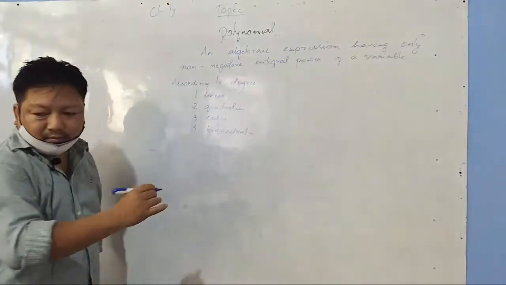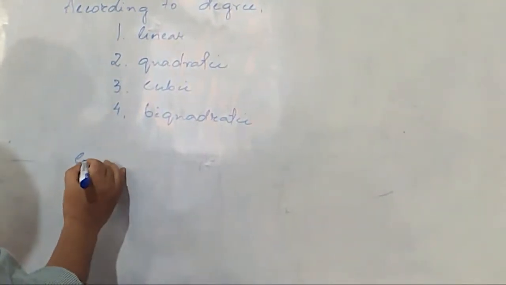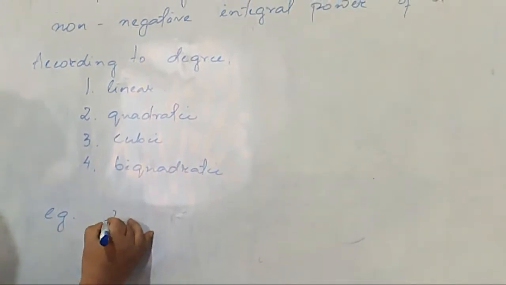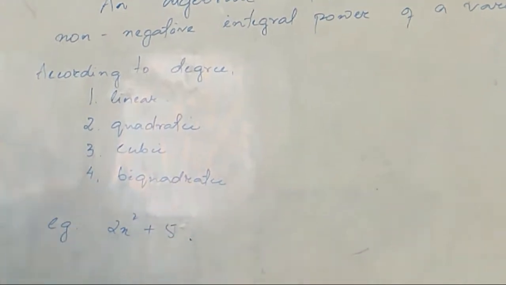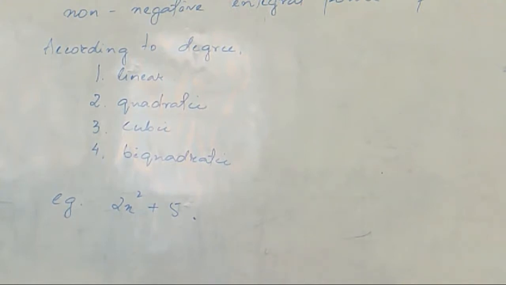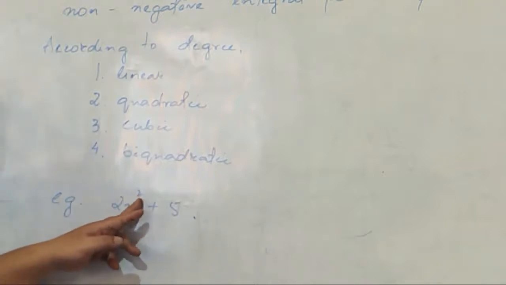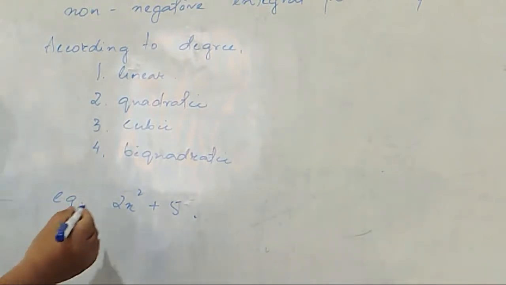To be more specific, let's consider one example. Say a polynomial of 2x squared plus 5. Right now what we are going to look at is the power of the variable. As we can see, the power of the variable is 2.